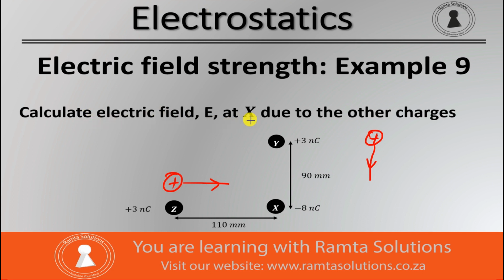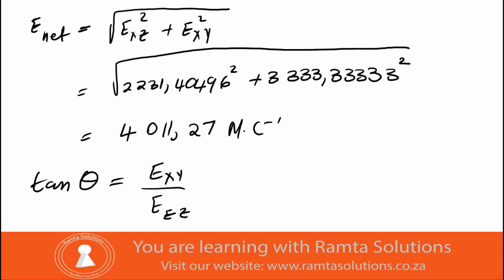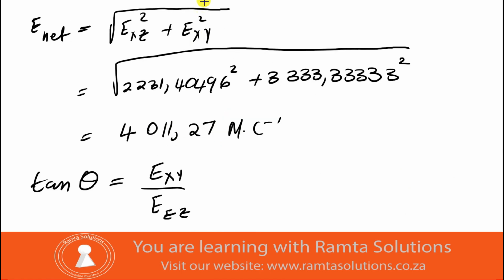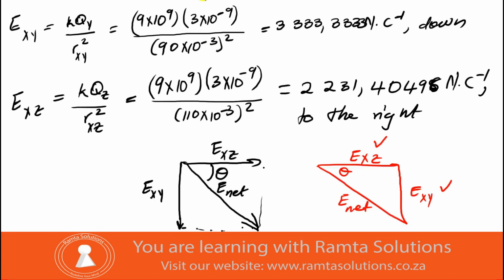Okay, therefore what it means is that, remember, the question was saying we must calculate the electric field at x due to the other charges. Therefore, the electric field at x due to other charges is 4011,27 Newton per Coulomb at 56,2 degrees from the x-axis, right? So all clockwise, okay, from the x-axis, okay?